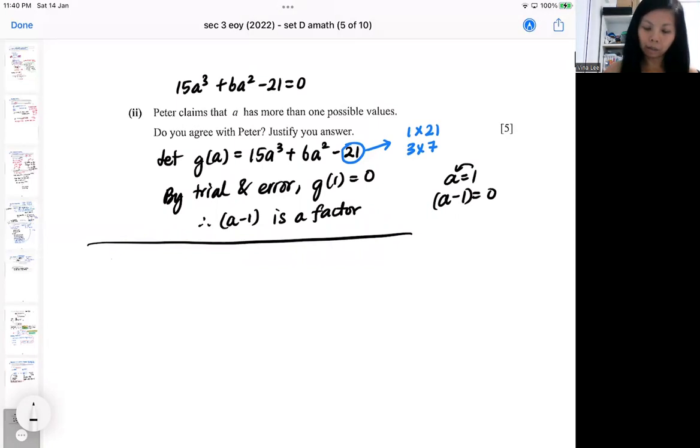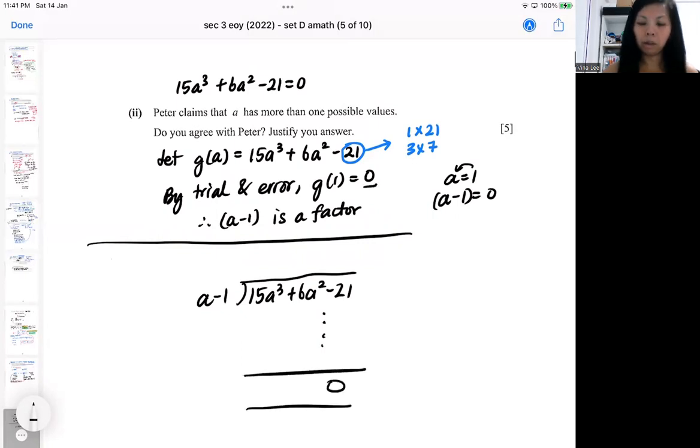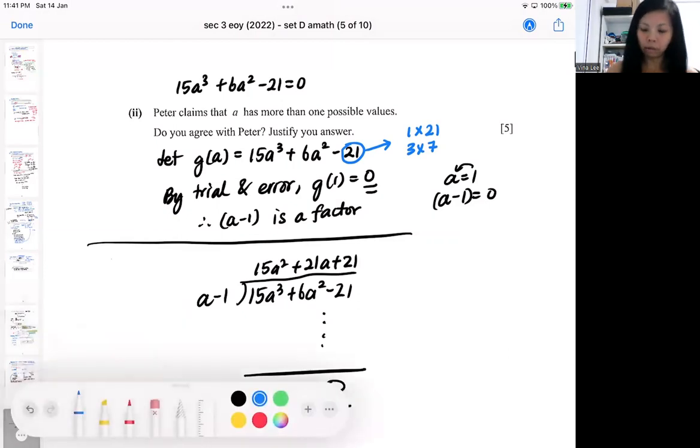Followed by, it can be a long division. Typically, the foundation method is to execute a long division. And you must get a 0 remainder because we already know that it will be a 0. So you must do your long division very carefully. In this question, I'm getting this. What is the implication of doing this?